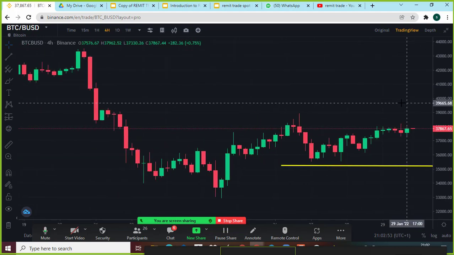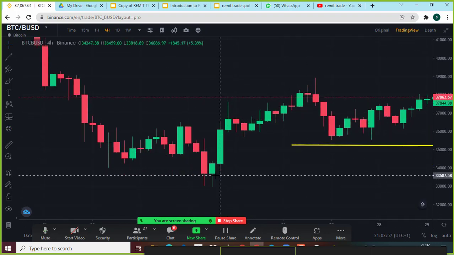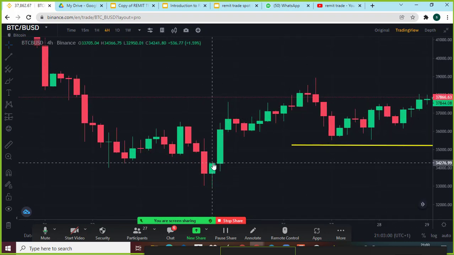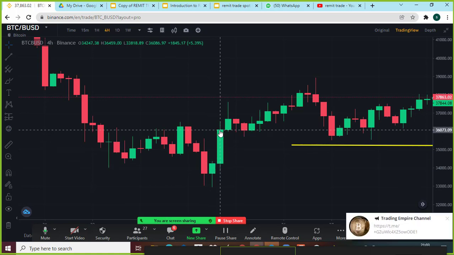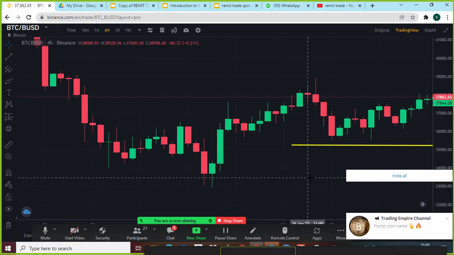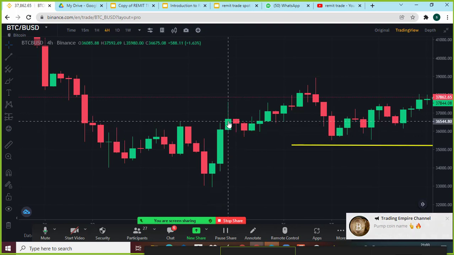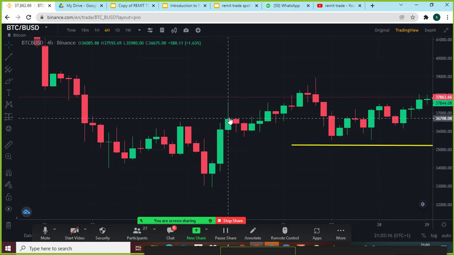Now, taking a look at a typical candlestick at this point, this candle opens here and closes here. Immediately this one closes, this one opens here, the market moves up and closes at this point. So right here you see the market open and close, just like that.